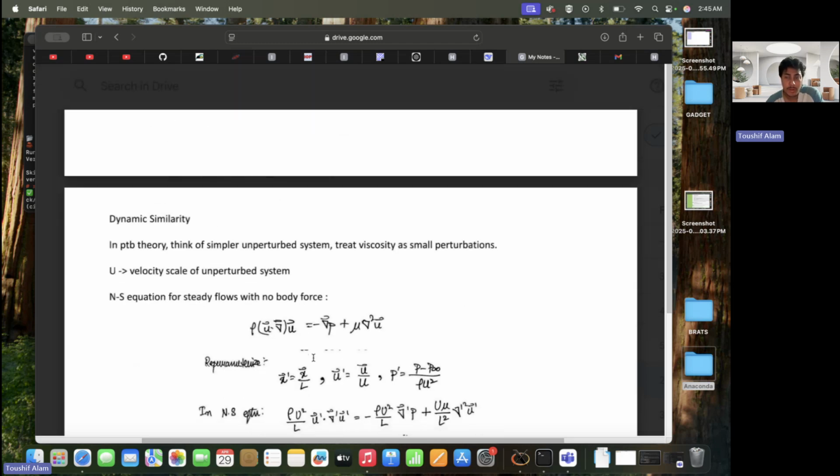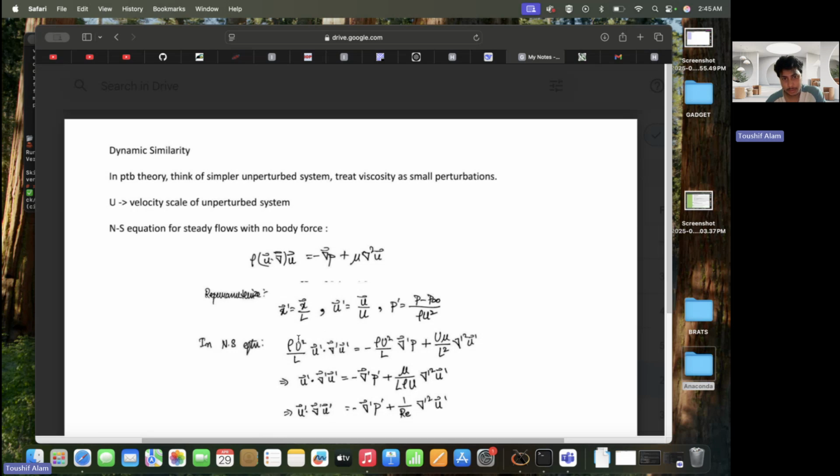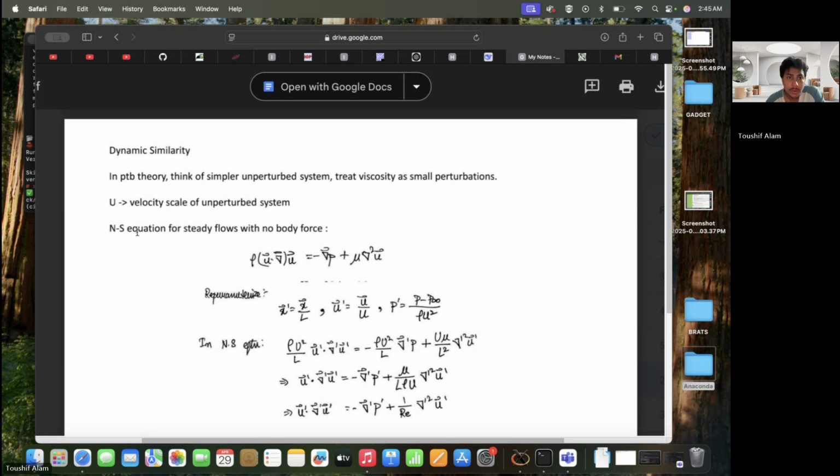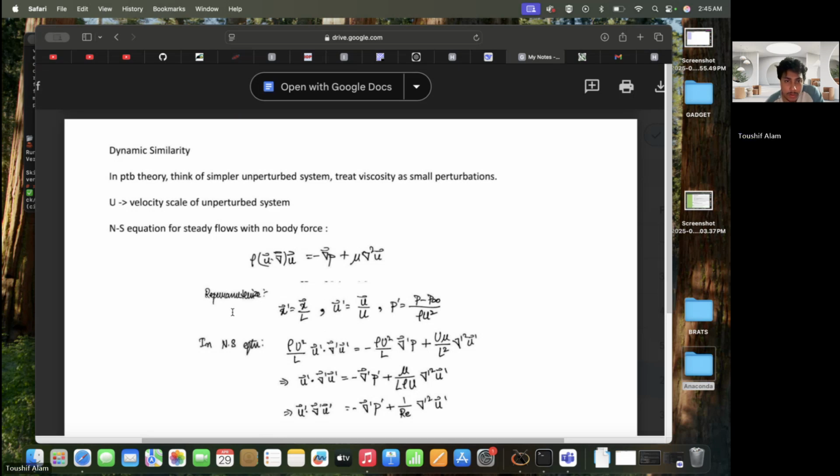Okay. I'll move a little fast because we have run across a lot of time and we're a little lagged behind. So U is the velocity scale of the unperturbed system, and its equation for steady flows with no body force is rho u dot grad u equals minus grad P plus mu del square u. Okay.